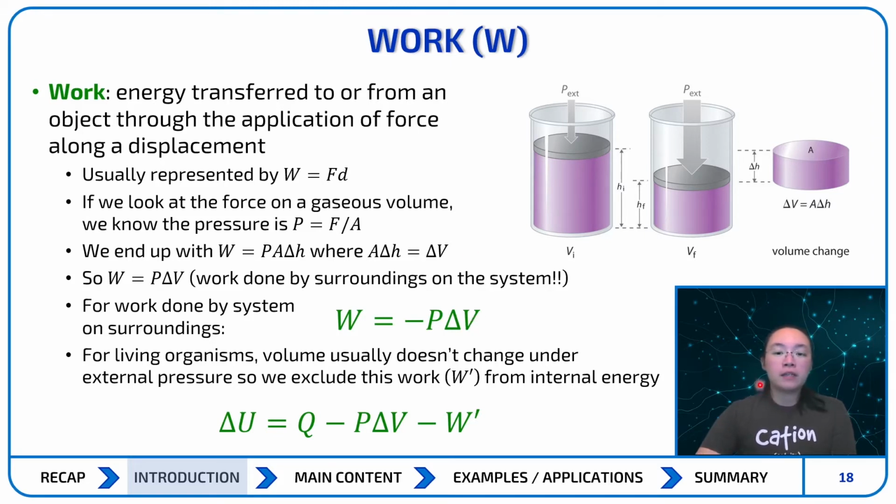So in living systems, we now have delta U equal to Q minus W. W is now P delta V, but we also have to subtract some sort of living organism related work. That can be mechanical work, osmotic work, electrical or chemical work that's being done inside living organisms. So there is additional work that comes not from physical force, but from biochemical reactions. We represent that with the W prime.